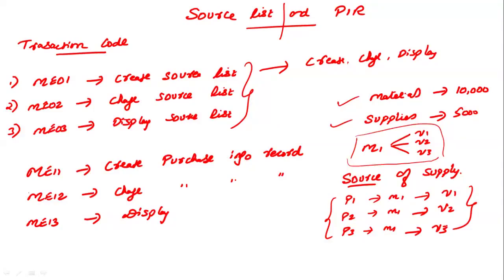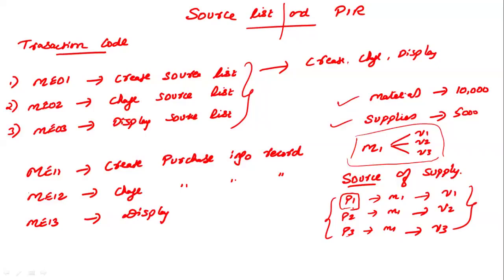As I mentioned, you have M1 and you have 3 plants. Whenever plant 1 has a requirement of material M1, the system will always go to vendor V1. When you are purchasing for plant 2, the same material, the system will propose V2.